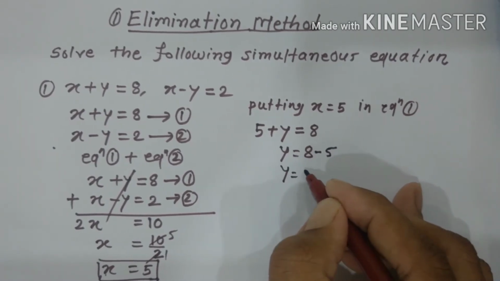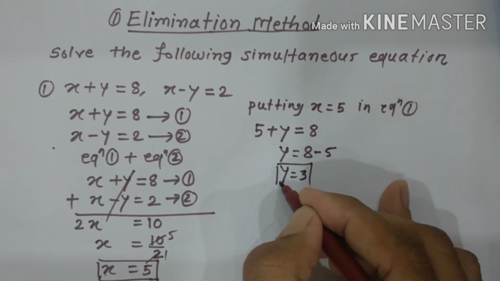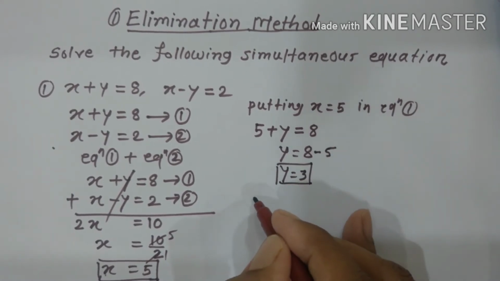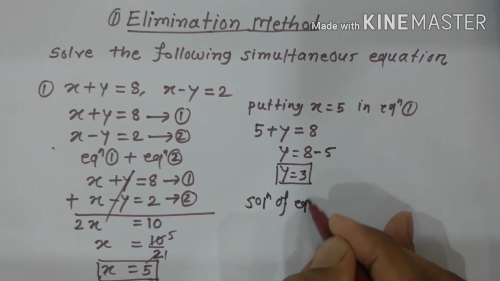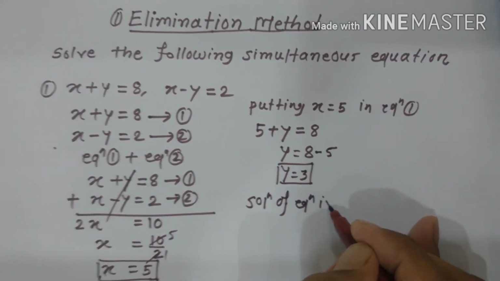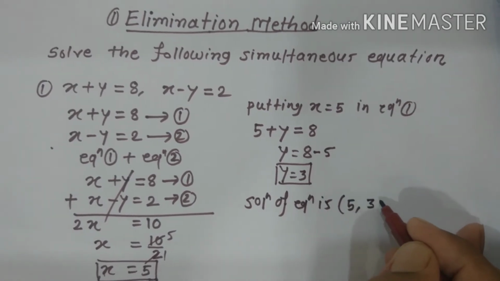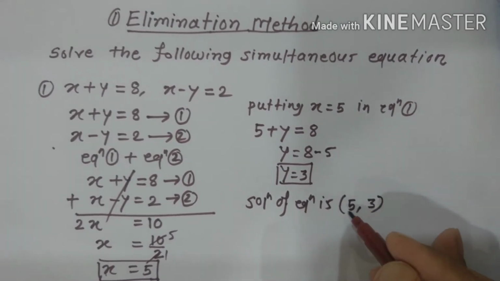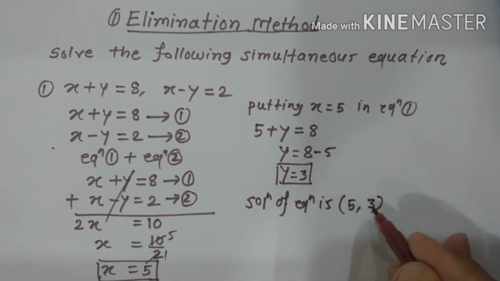Therefore, y is equal to 8 minus 5, 3. The value of y is 3. Therefore, the solution of the equation is 5, 3. Here you have to always write the value of x first and then the value of y.